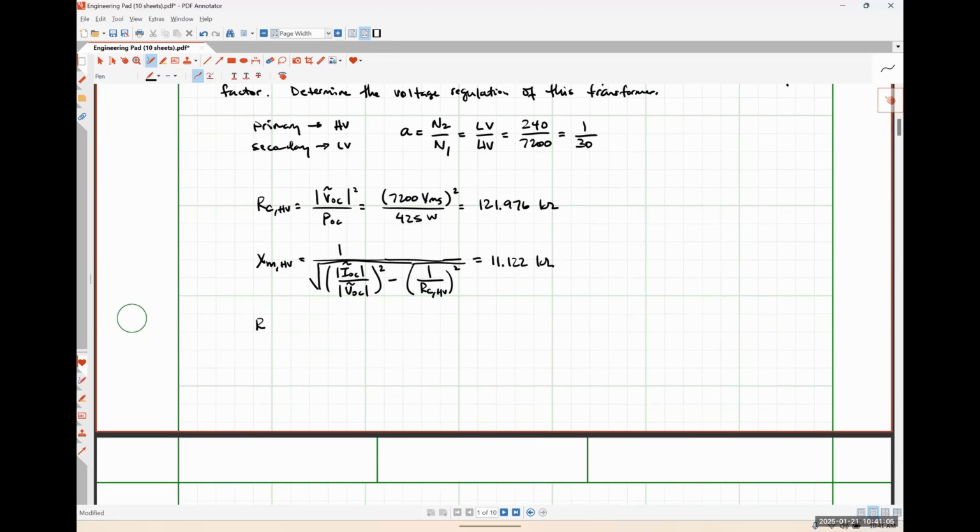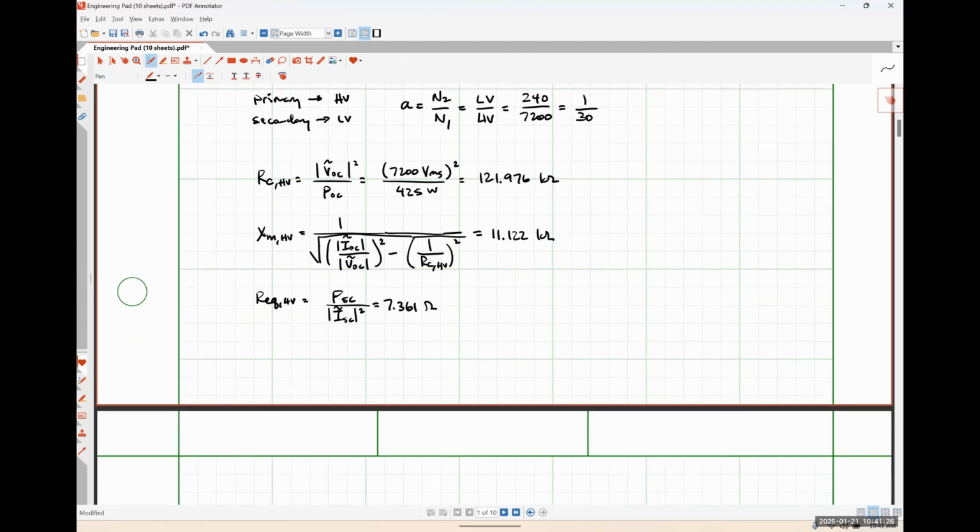Our equivalent resistance on the high voltage side, so this is from our short circuit test, is going to come out to be our short circuit power divided by our short circuit current magnitude squared. So this is going to look like 7.361 ohms.